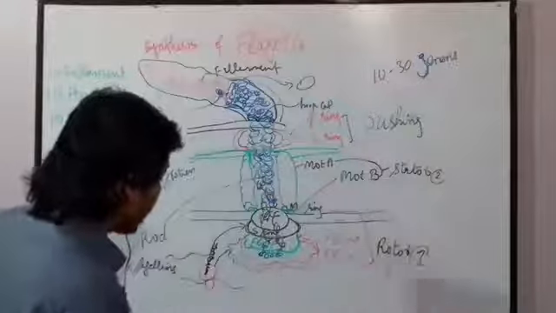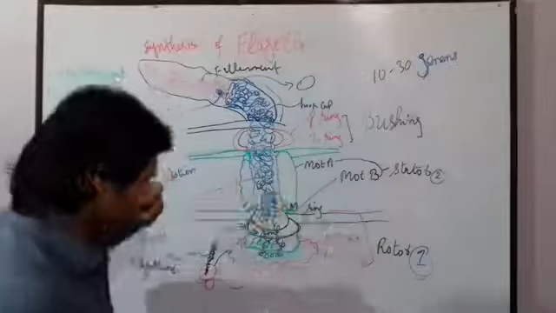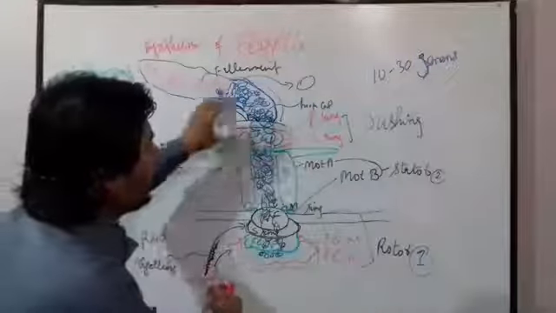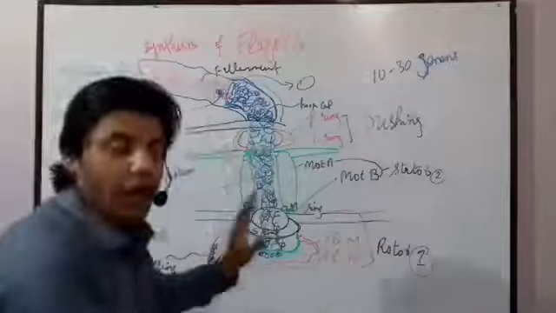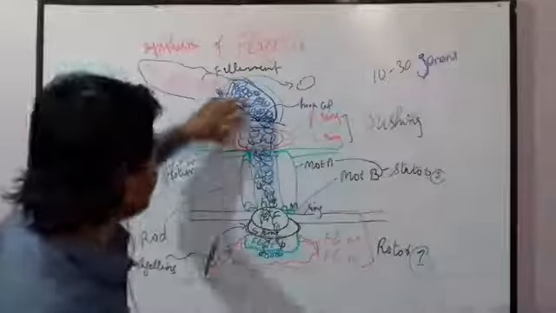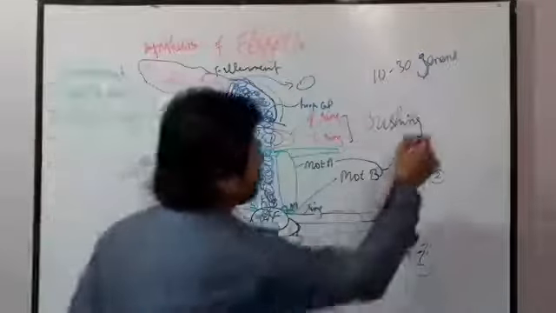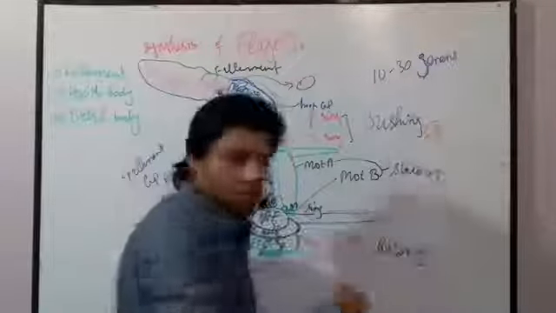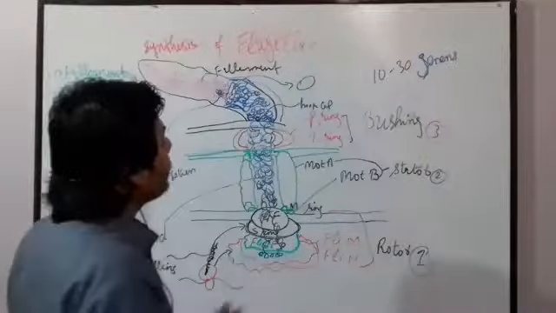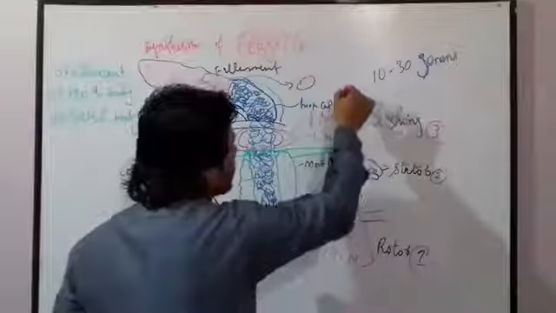Now after the stator is formed, they make the P and L ring. After the PL ring is formed, they make the hook cap portion. Okay, so this is the third portion.